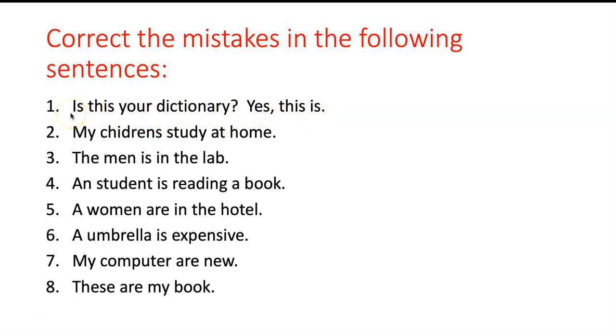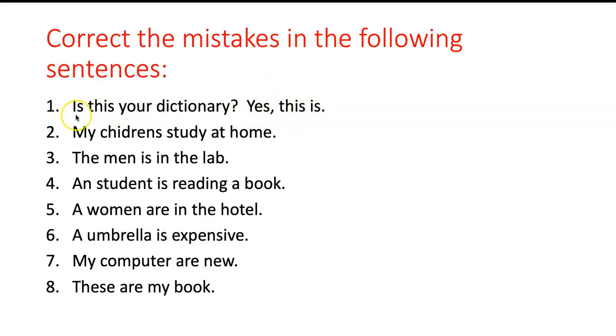We are going to do number 1 together, okay? We have, is this your dictionary? The answer is yes, this is. This sentence is wrong. The question is perfect. We don't have any problem here, but we have a problem in the answer.